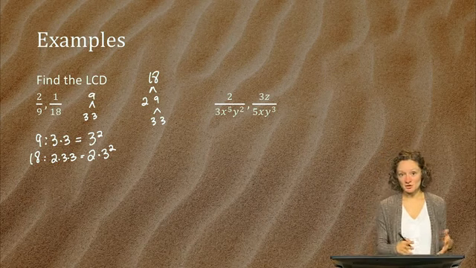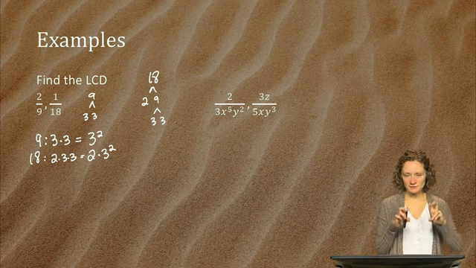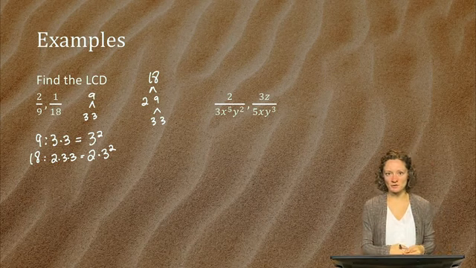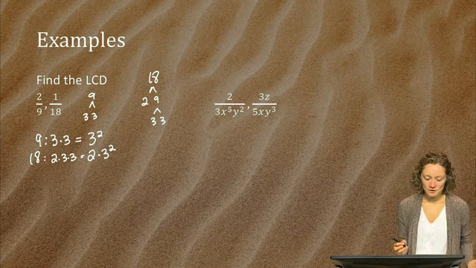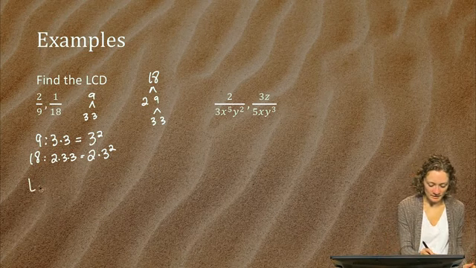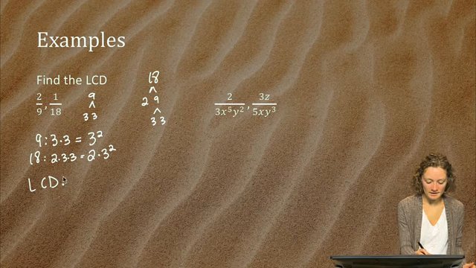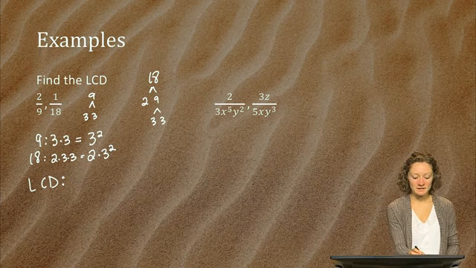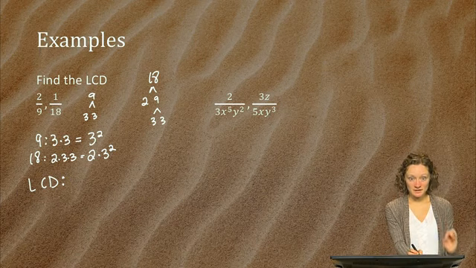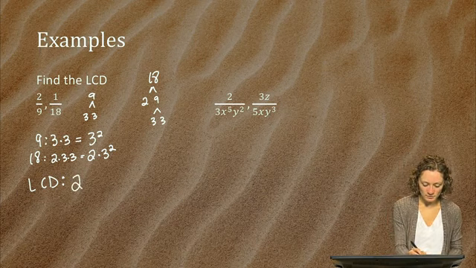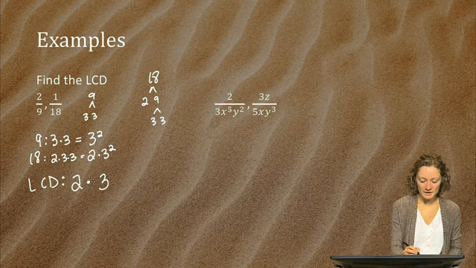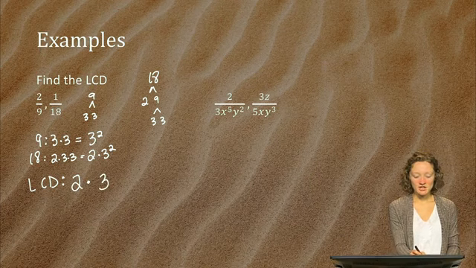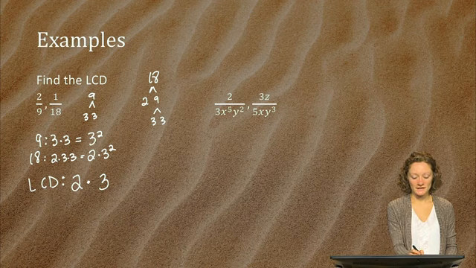So the first step is to factor, and this is pseudo-factoring. We just broke them down to their prime numbers. Then identify the least common denominator. It is the product of all unique factors. So looking at these lists, the unique factors that exist are 2 and 3, and each is raised to the highest power that exists in either denominator.